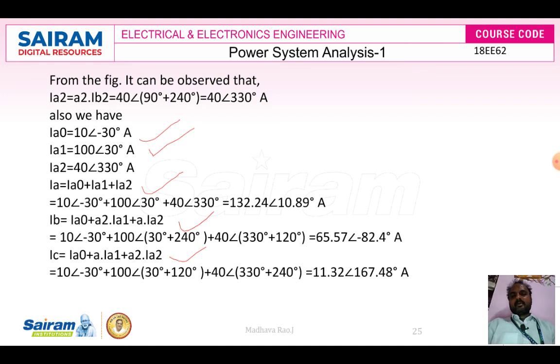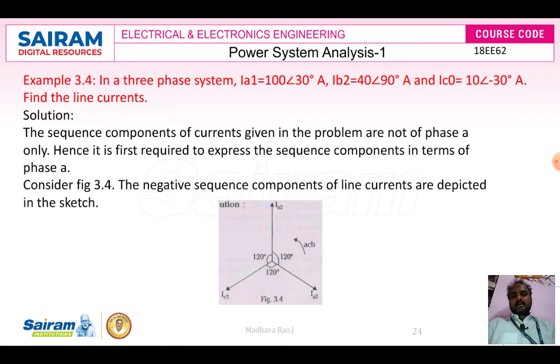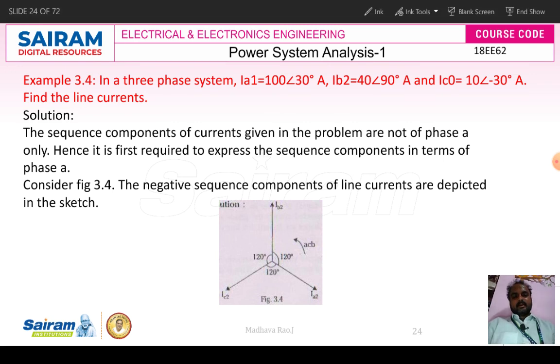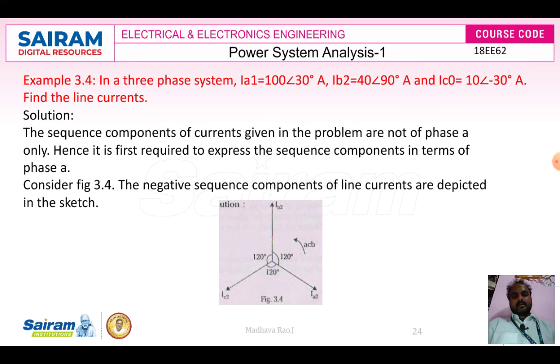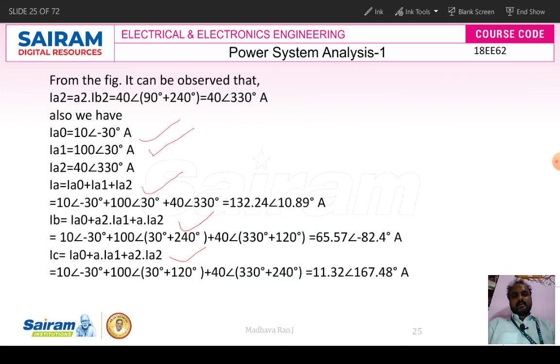So IA0 is equal to IC0. Here one more relation: we know that IA0 is equal to IC0. So we will substitute that.